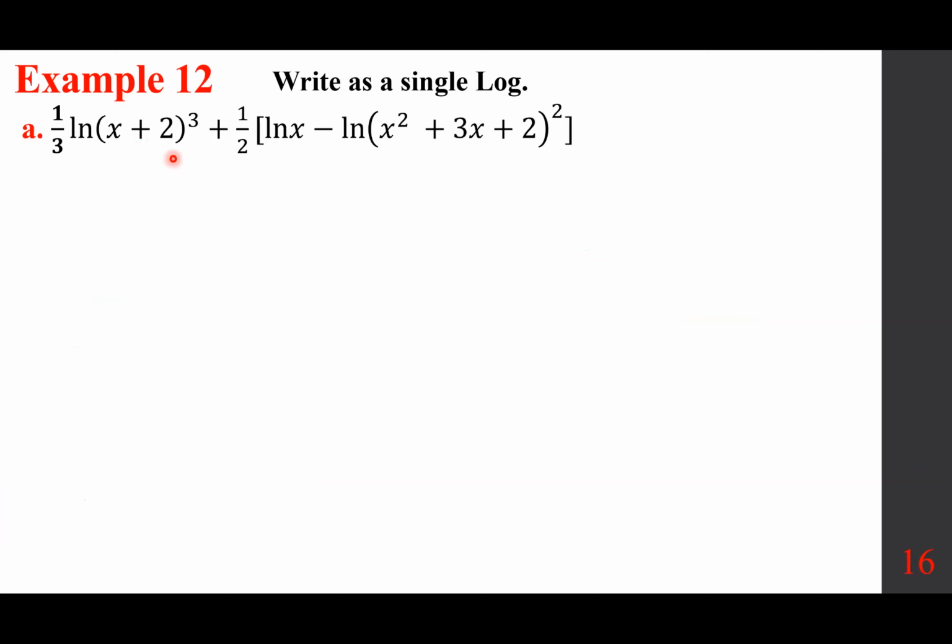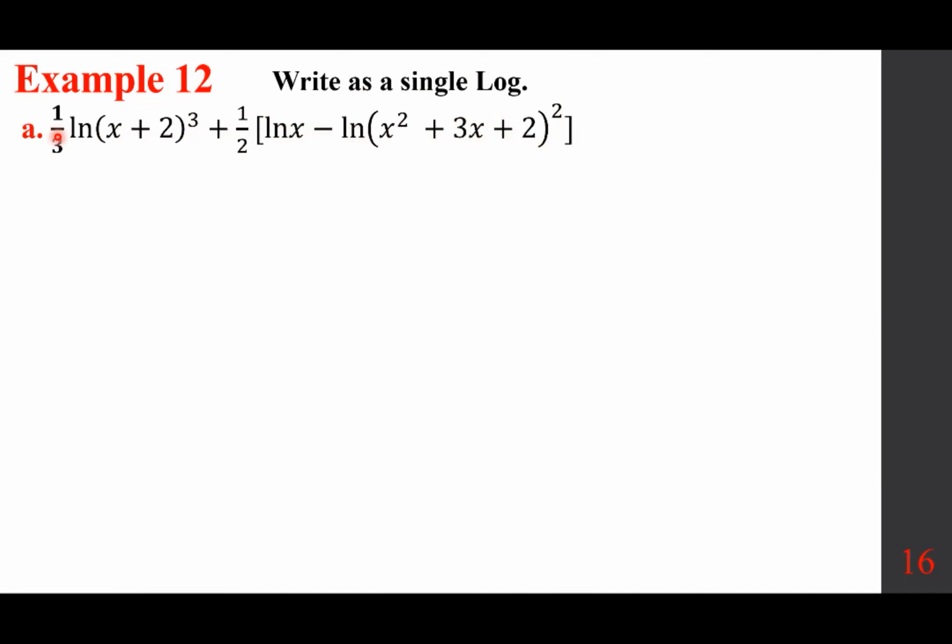We want to write this as a single log using those logarithmic properties. Let's see how we do that. First and foremost, if you look at this one, this is 1/3 ln of (x plus 2) cubed plus 1/2, and we have the brackets, ln x minus ln of the parentheses x squared plus 3x plus 2 to the second power.